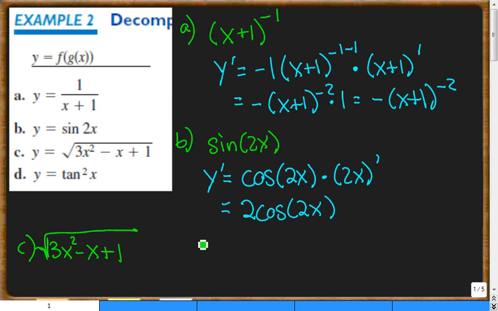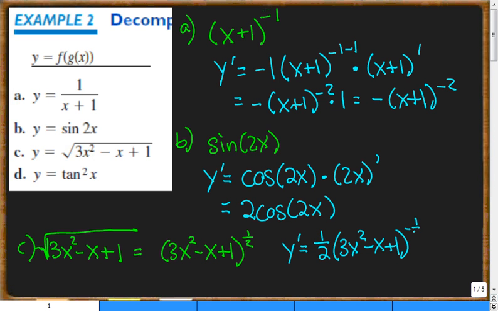So the way that we want to think about this is 3x squared minus x plus 1 to the 1/2 power. All right, so now we can do our general power rule, which says that if we have y prime, we're going to get 1/2, because we bring that down, times the 3x squared minus x plus 1 stays there.